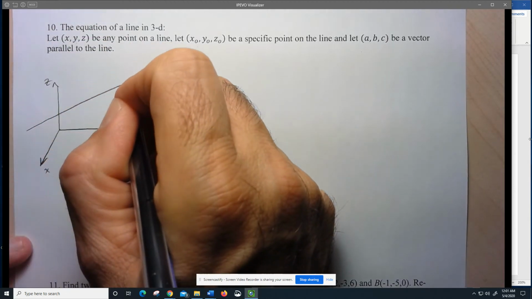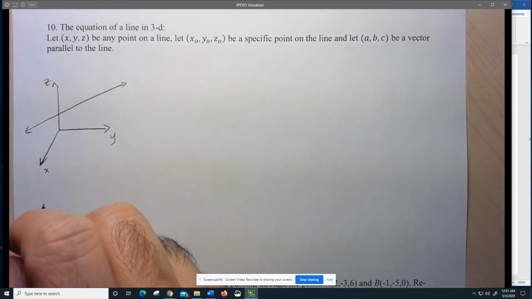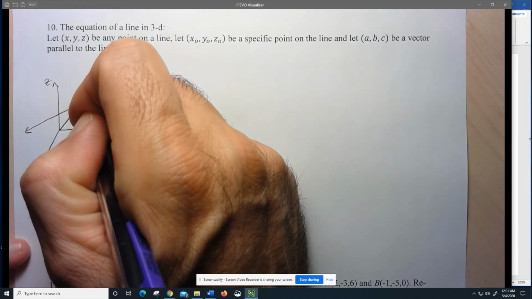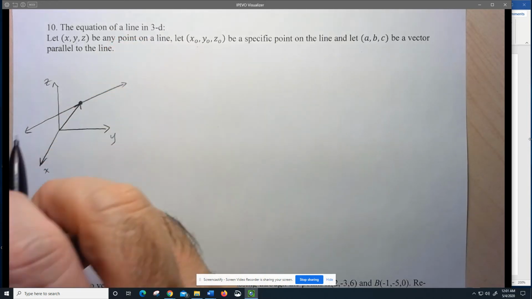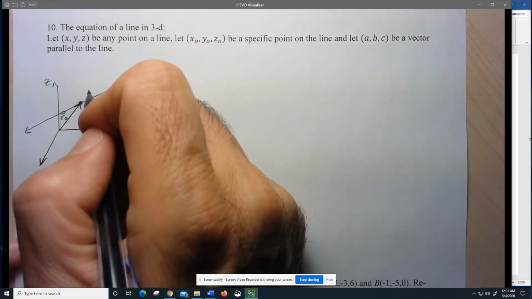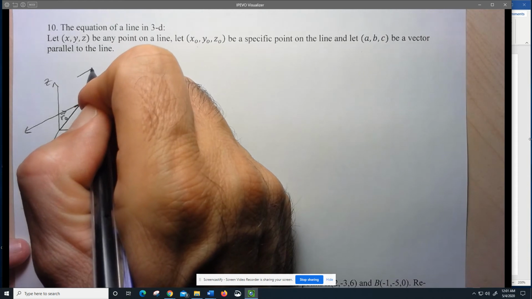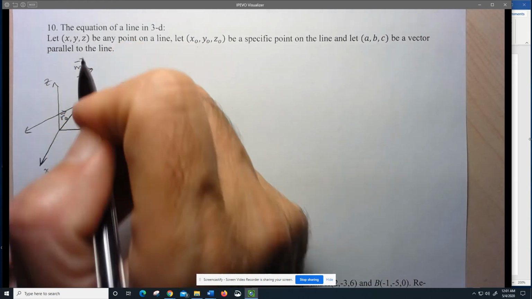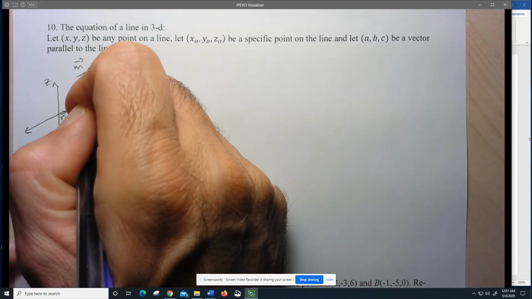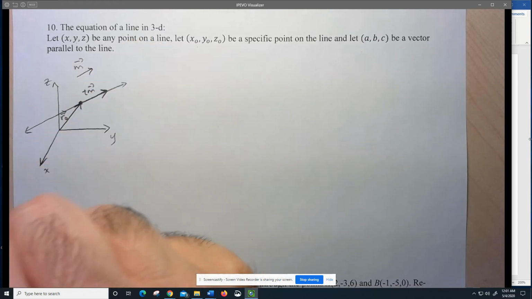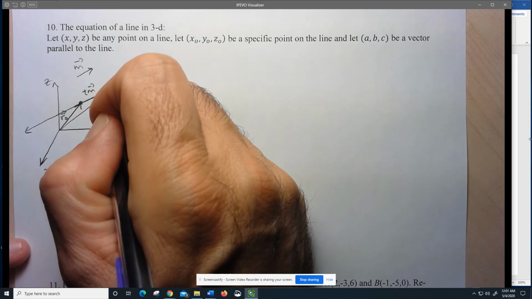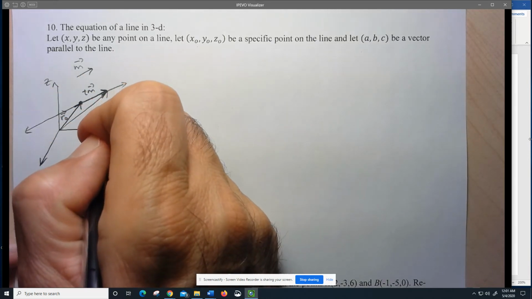So let's say I've got some line in 3D. I'm going to start with my vector from 0, 0, 0 to some known point on the line. That's going to be my R naught. I'm going to use any vector parallel to the line; that's my direction vector. I'm going to add some scalar multiple of my direction vector, and that's going to produce some other general point on the line.